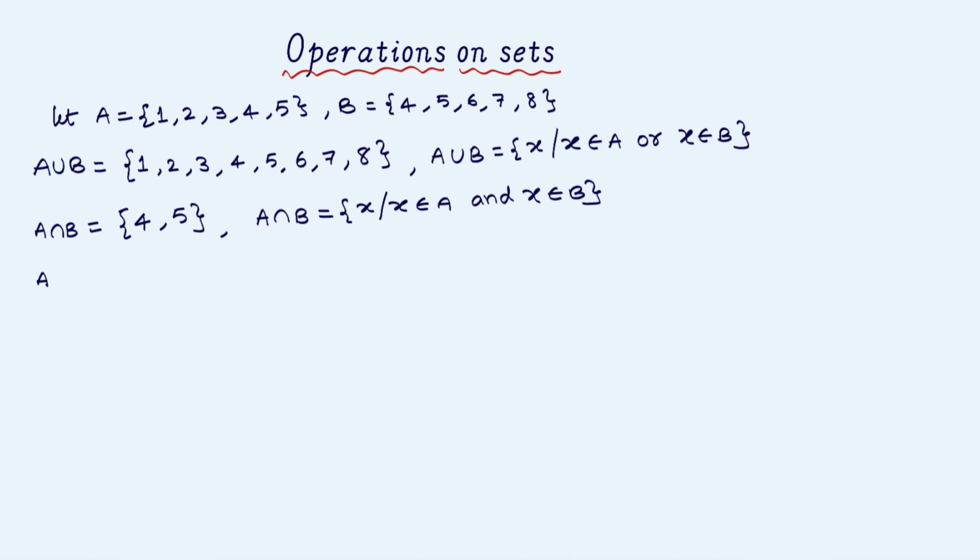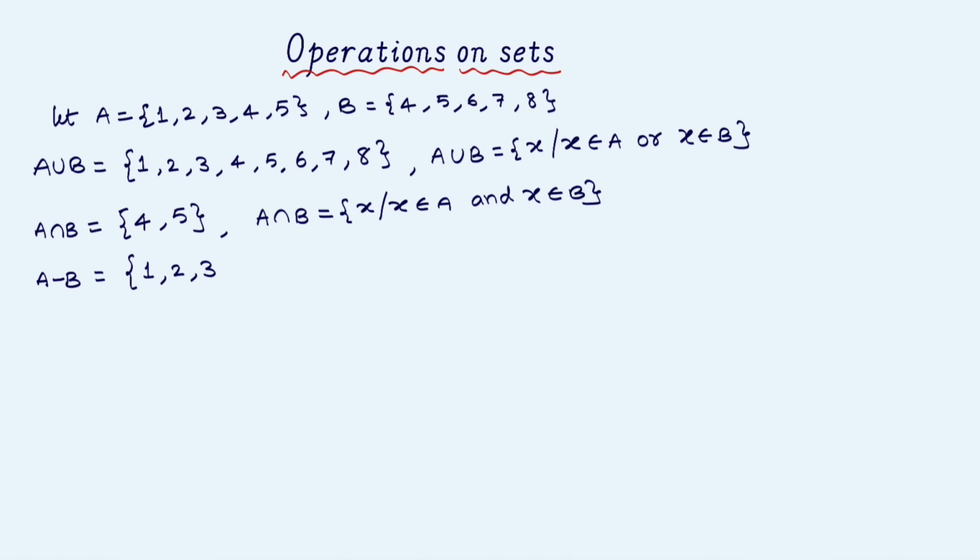Now let us see what is A minus B. A minus B means here we write only the elements of A but not the elements of B. What are the only elements of A? 1, 2, 3. Why do we not write 4 and 5?